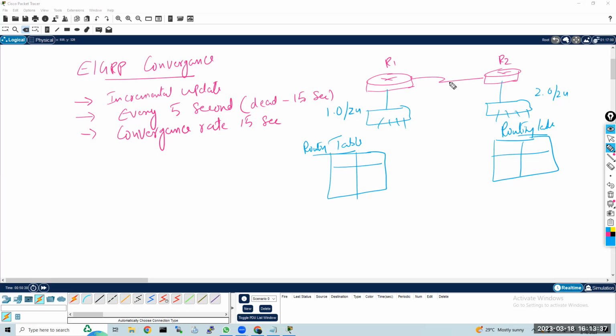Before forming the neighborship, router 1 will send a hello message by multicasting. What is the multicast IP for this? 224.0.0.10. Now they'll form the adjacency. This we'll call your neighbor table.